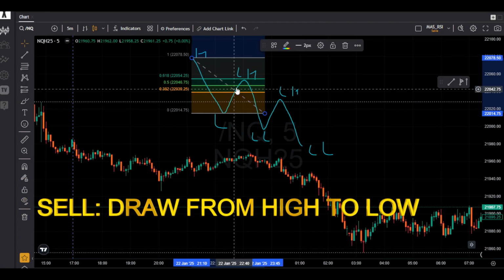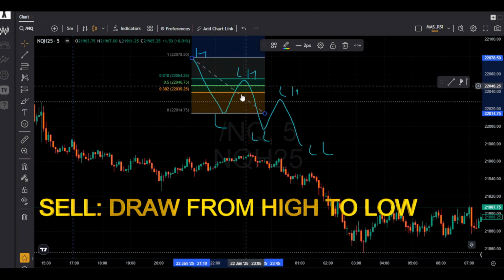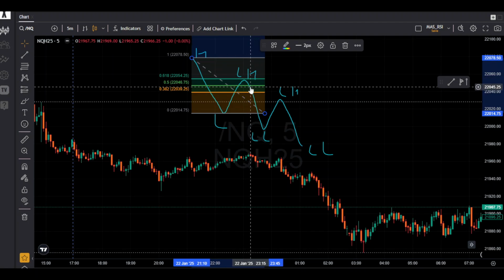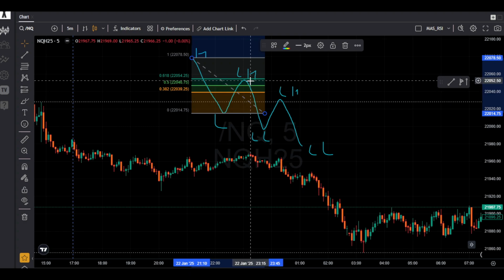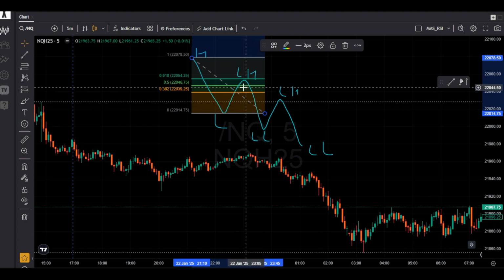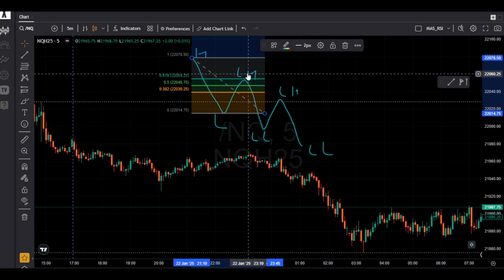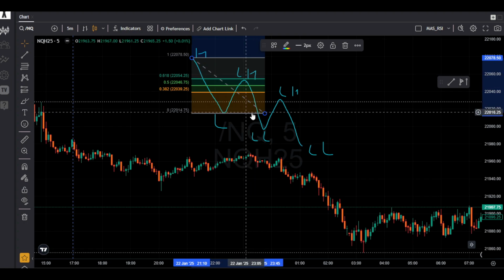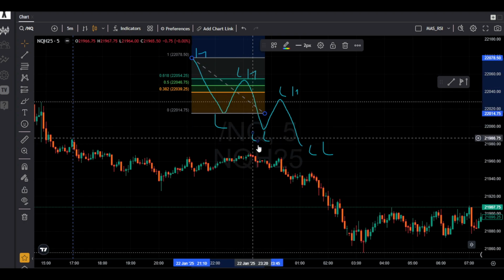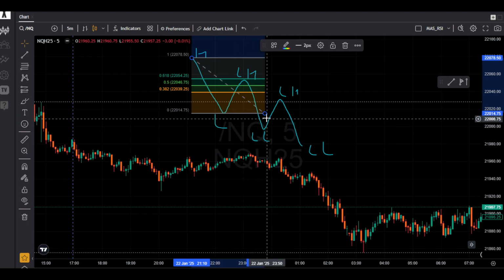We see it moved all the way over here to 0.618. We'll be looking for a bearish engulfing candle or some other pattern. Then over here we'll take our position, our stop loss will be around over here, and target will be 0.0 or down there and another extension.